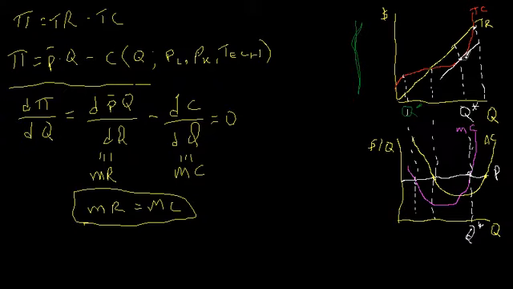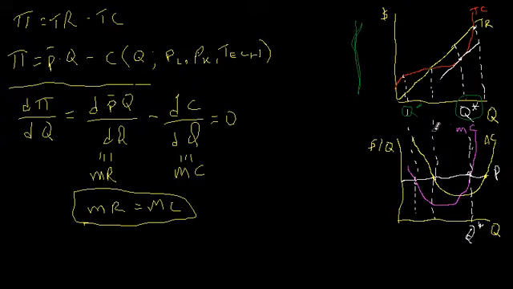Profits are maximized where the slopes of the total revenue and total cost functions are the same. The white line here is drawn tangent to the total cost curve with the same slope as the total revenue curve. And so Q star here is where profits are maximized. And then finally, the last output we show is where profits have become zero again as total cost increases at an increasing rate.